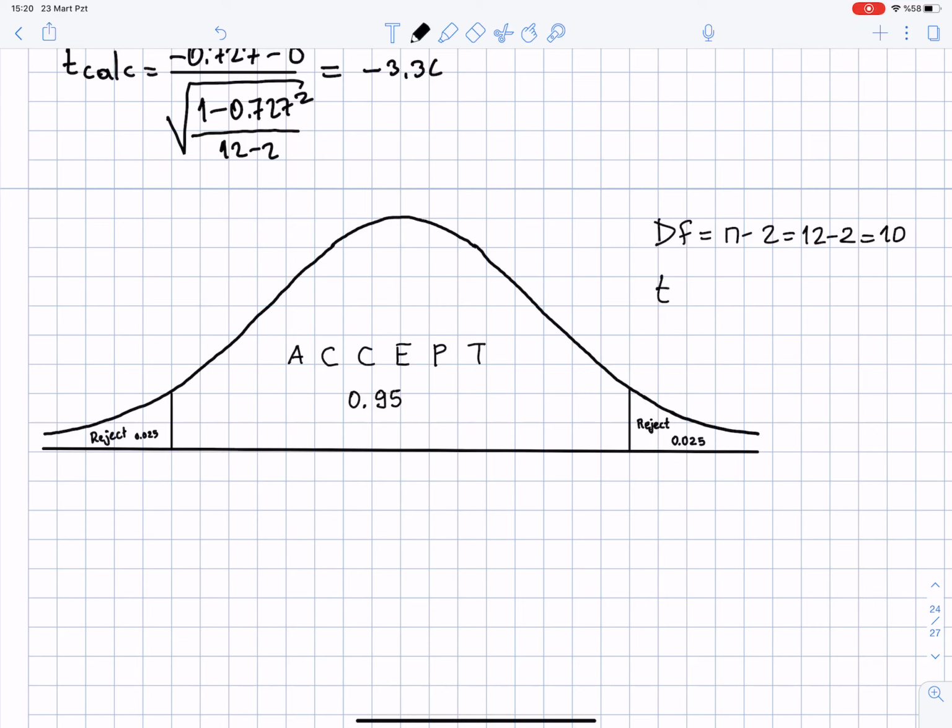So I need to get the critical value for 10, 0.025.